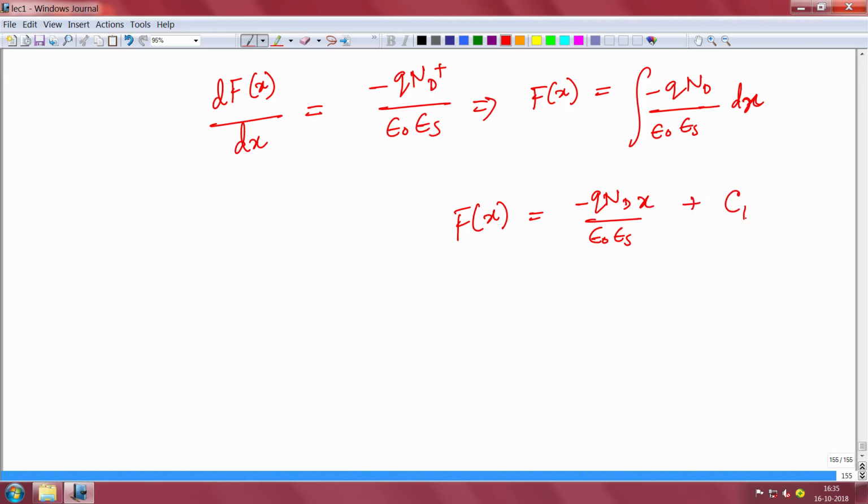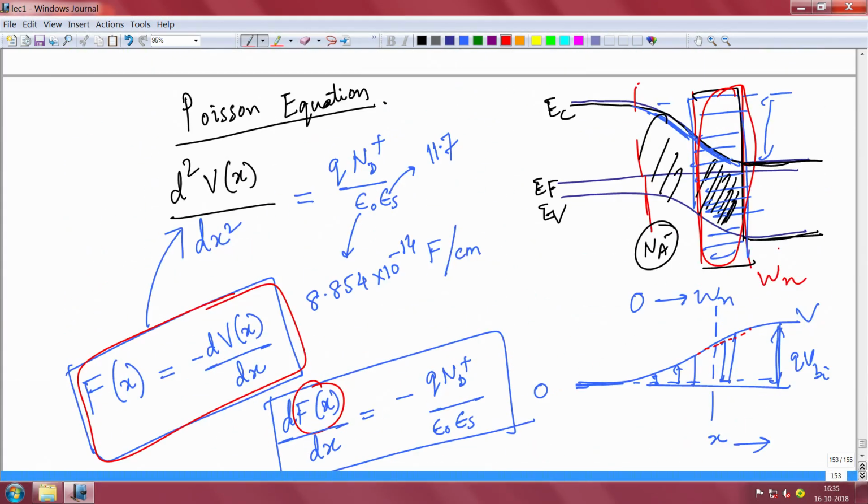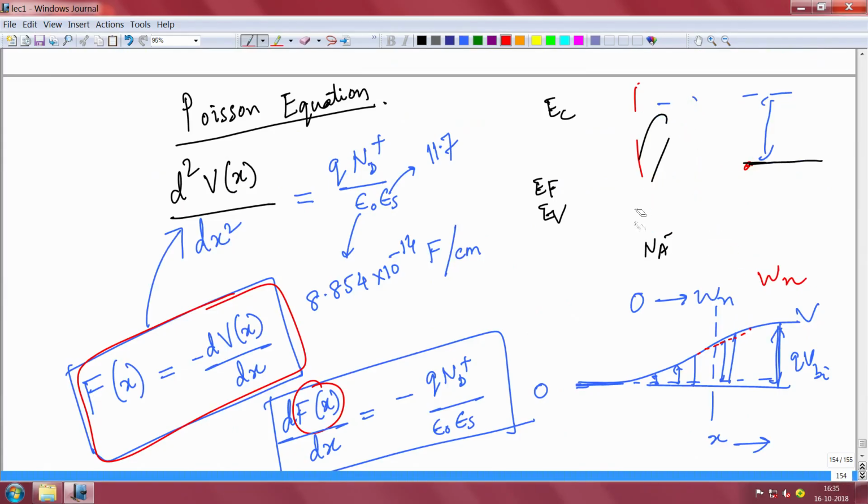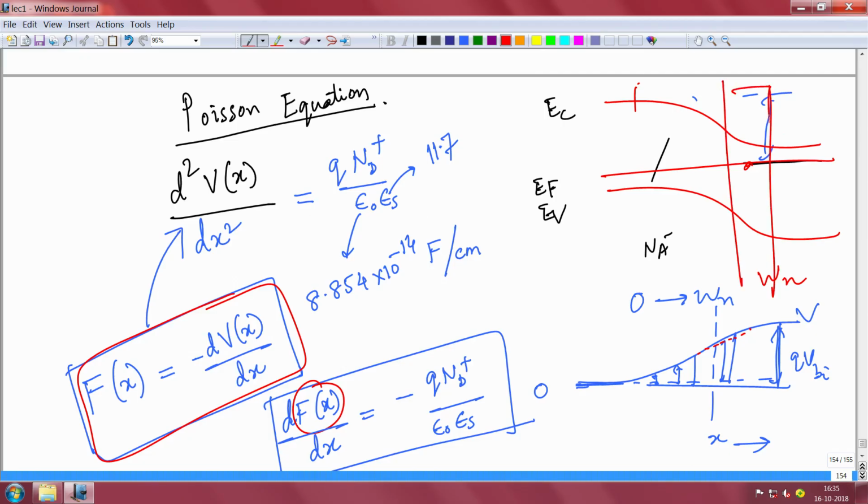Now, the first boundary condition: this is a Fermi level, for example, this is a conduction band, this is a valence band. I am talking only of this part, 0 to Wn. At the end of Wn the field becomes flat, after that there is no field, which means at x equal to Wn your field vanishes because the field exists only here.